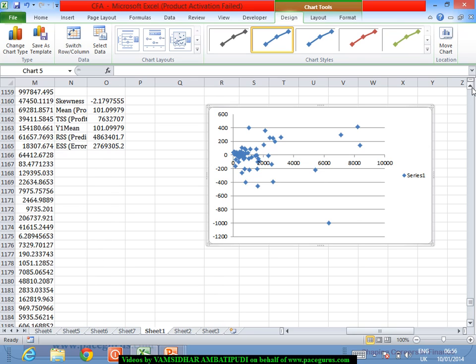The same way you can try out, instead of taking the sales, you can take the assets and see as the assets are increasing, is the error increasing or decreasing. So this is one way, a graphical way of detecting whether conditional heteroskedasticity is present.